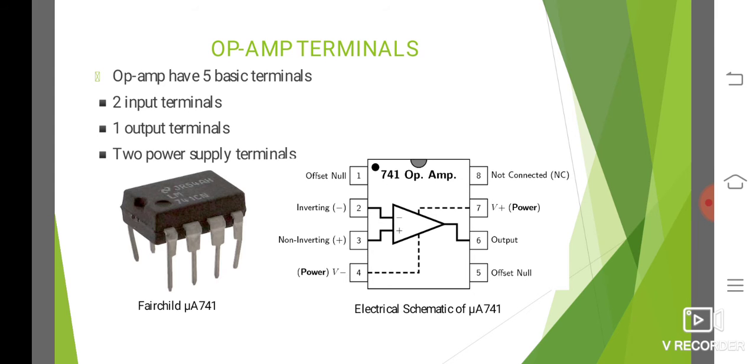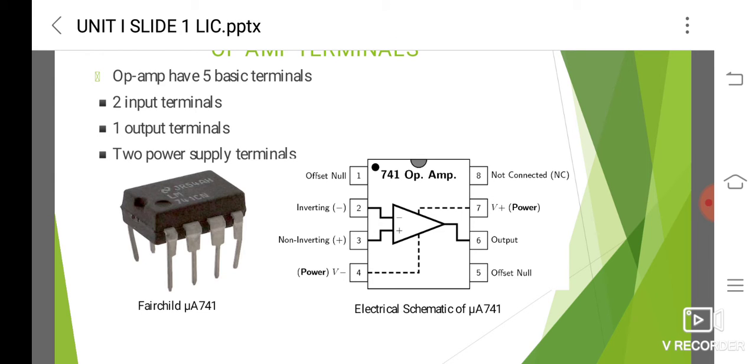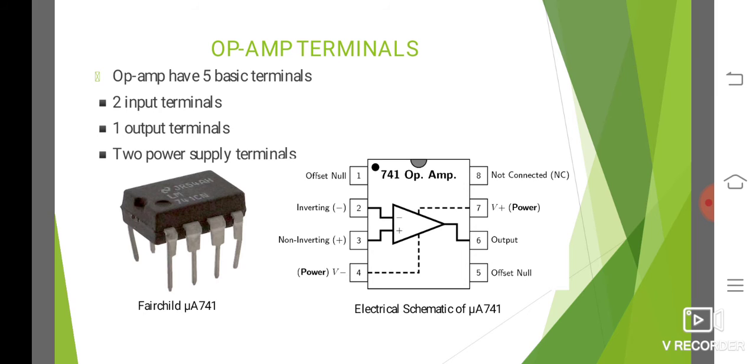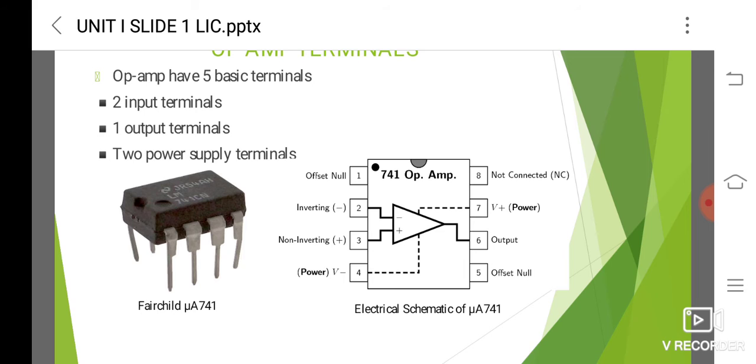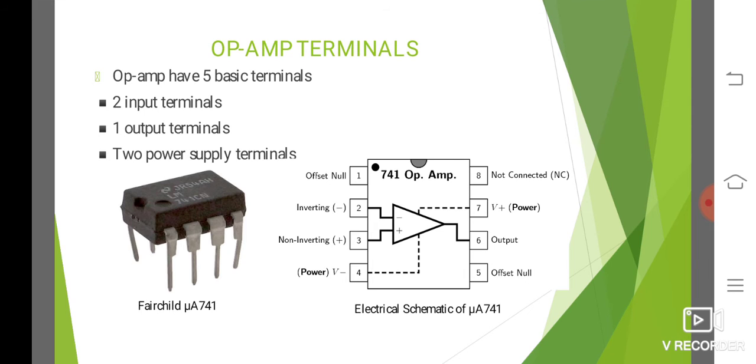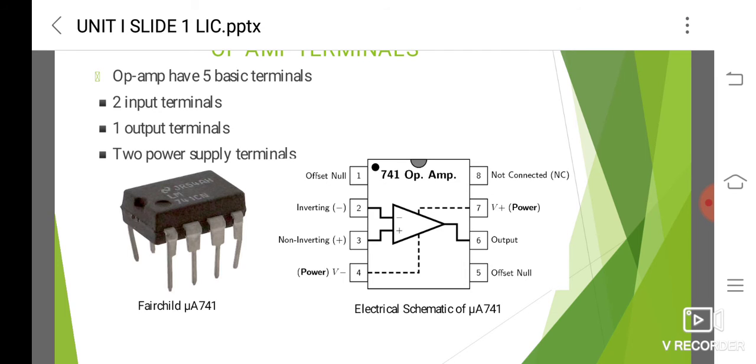This figure shows the schematic diagram of the μA 741, and this is the example IC μA 741. The op amp has 5 basic terminals, that is 2 input terminals, one output terminal and 2 power supply terminals. The second pin is the inverting terminal, and the third pin is the non-inverting terminal.